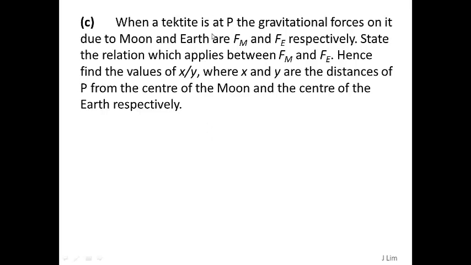When a tektite is at P, the gravitational forces on it due to Moon and Earth are Fm and Fe respectively. State the relation which applies between Fm and Fe. Hence, find the value of x over y, where x and y are the distances of P from the center of the Moon and the center of the Earth respectively.